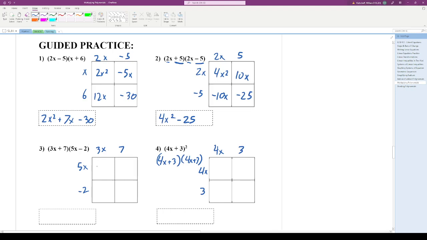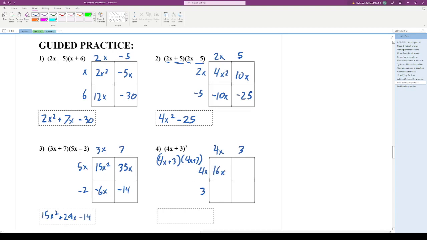All right, so down here we have 15x squared, we have 35x, negative 6x, and negative 14. So collecting our like terms, we get 15x squared, 35x minus 6x, we end up with 29x altogether, and then minus 14.